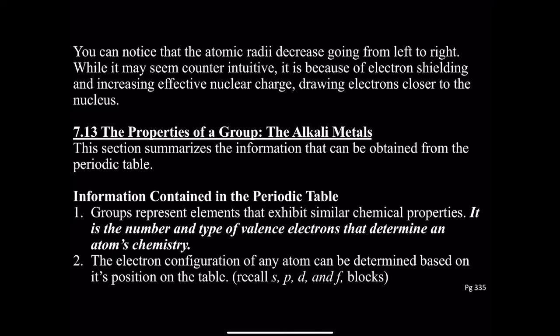So the electron configuration of any atom can also be determined based on its position on the table. Remember the S, P, D, and F blocks that we looked at earlier in this PowerPoint presentation, where groups 1 and 2 are the S block, groups 3 through 12 are the D block, you have groups 13 through 18 being the P block, and then your metals down there that are kind of taken out, that's your F block, right?